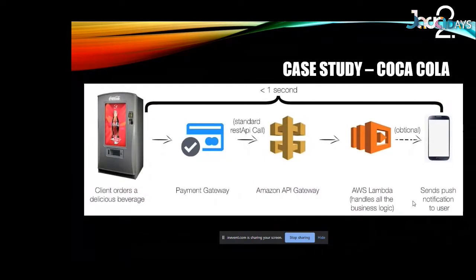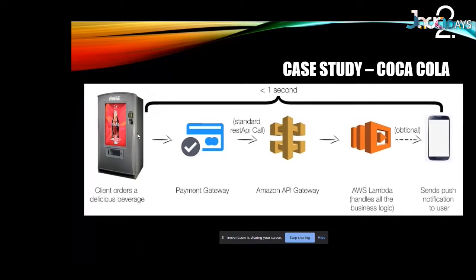Now I would like to show you a quick case study, a real-life one. Coca-Cola, I hope all of you are familiar with. You must have seen these kinds of vending machines where you just need to scan a code or pay some money, and then the drink comes out.